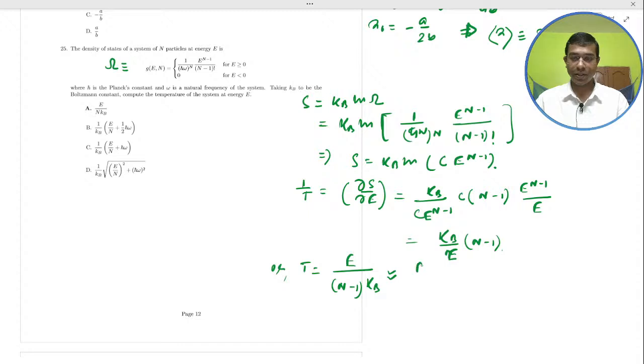That is approximately E by n Kb, because n is very large. E by n Kb. Option A is correct.